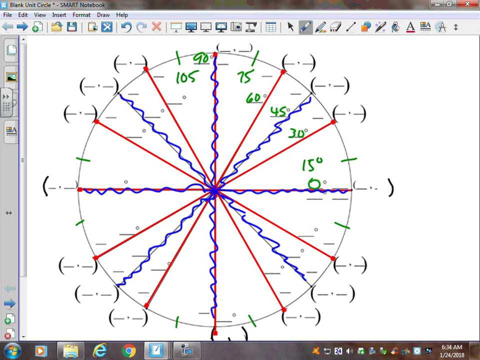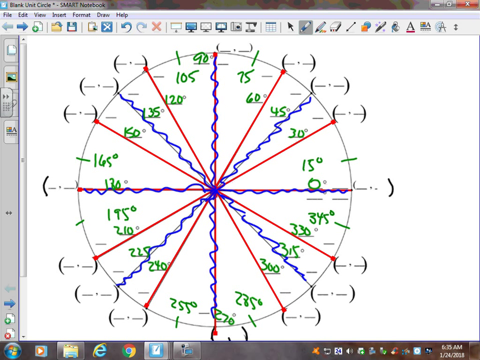And so 105, 120, 135, 150, 165, 180, 195, 210, 225, 240, 255, 270, 285, 300, 315, 330, 345, 360.